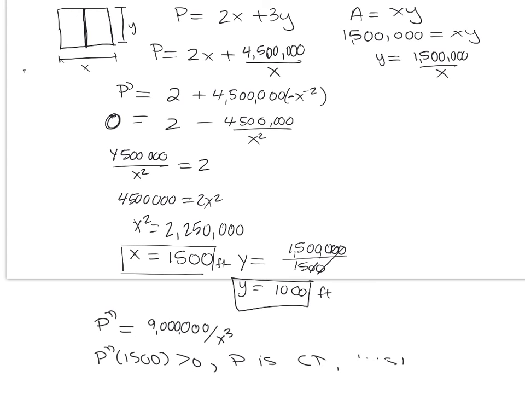Positive, concave up. Therefore, you have a minimum at x equals 1,500, which is what we wanted anyway, wasn't it?